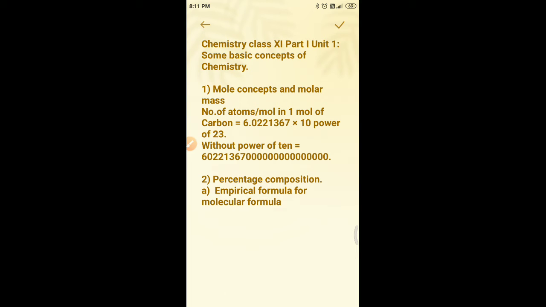If the mass percentage of the various elements present in a compound is given, its empirical formula can be determined, and the molecular formula can be obtained from this empirical formula if the molar mass is known. The following example will be taken to find out the empirical and molecular formulas.